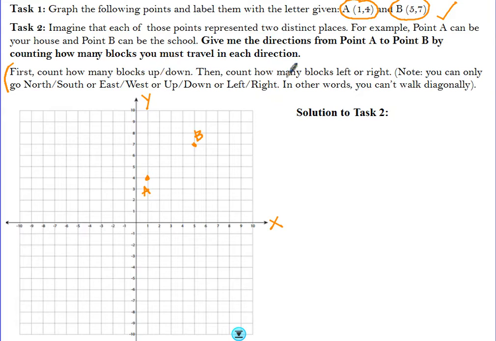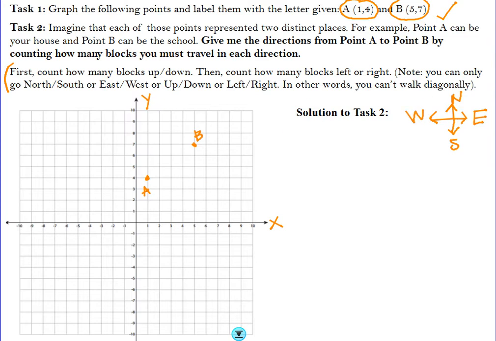And then count how many blocks left or right. And you can only use north or south, east or west. If you're not familiar with it, north is pretty much going up and south is going down. East is to the right, towards the east coast where New York is. And the west is the west coast where California is.